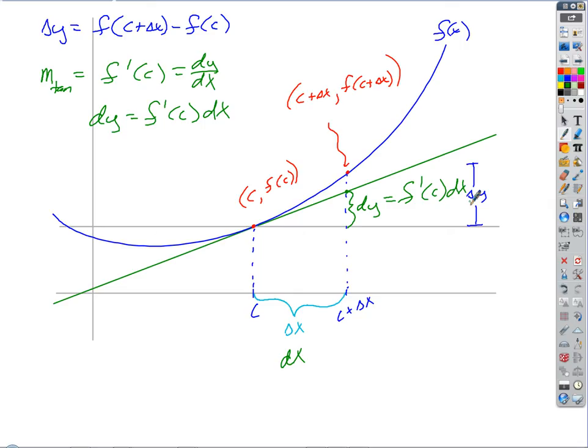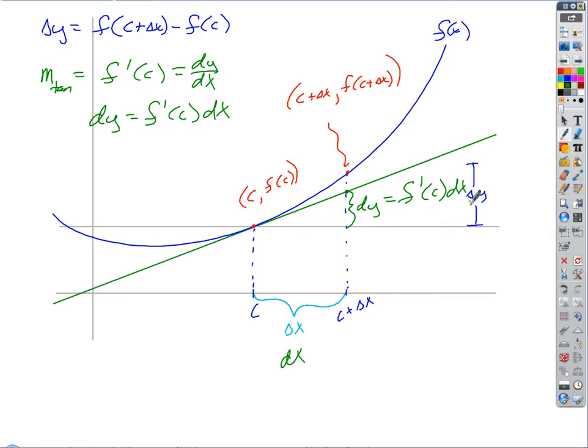So the slope of the tangent line times delta x is going to give you how much the line has changed, which is going to be the approximation of what quantity? Not dy. Delta y, right? You see that? Oh, we're trying to compare the two.